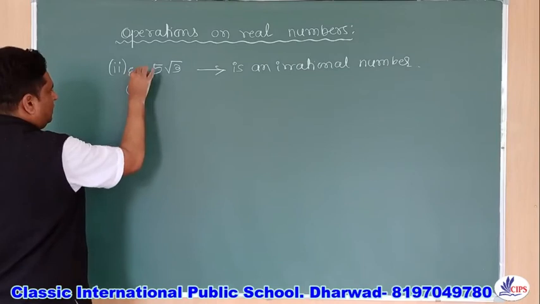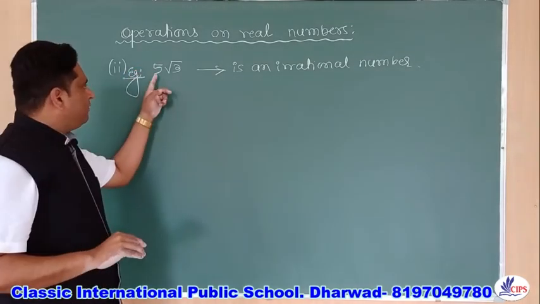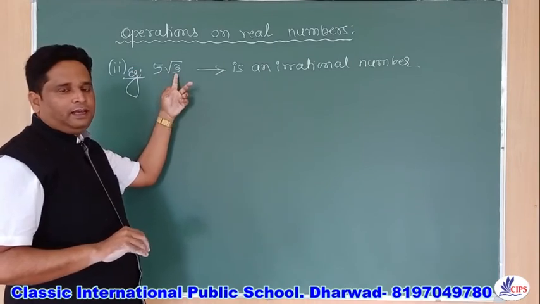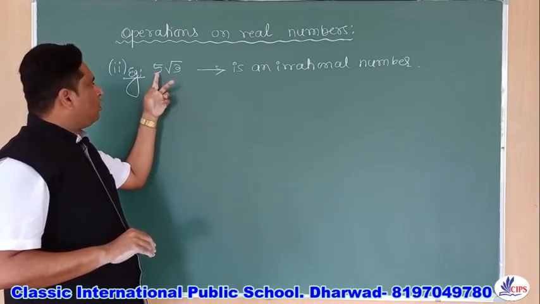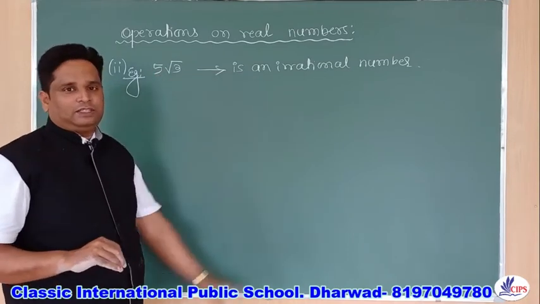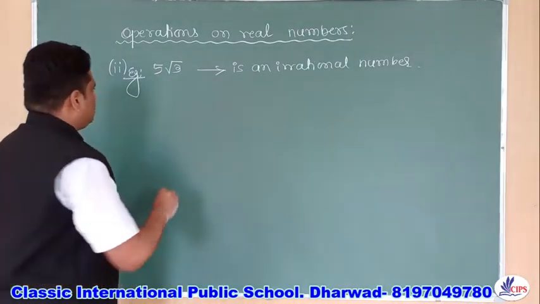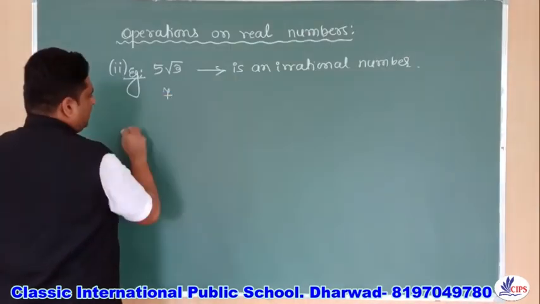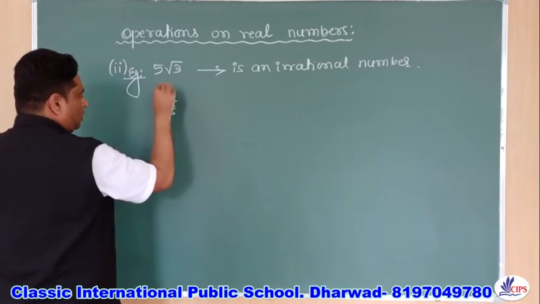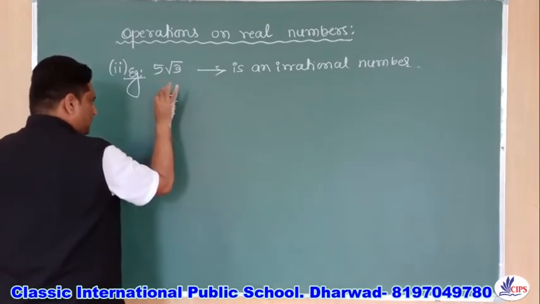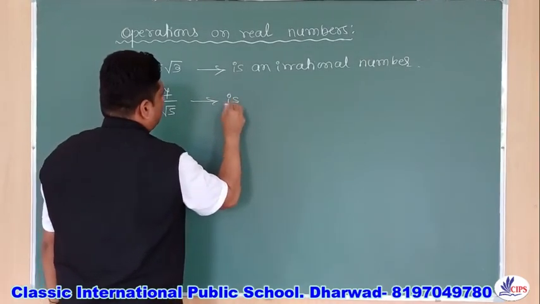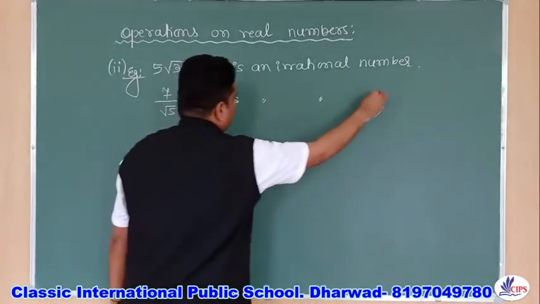This is also one of the facts related to operations on real numbers. 5 is a non-zero rational number, root 3 is an irrational number. The product of a rational number and an irrational number is an irrational number. Understood? Similarly, 7 is a rational number, root 5 is an irrational number. The quotient of a non-zero rational number and an irrational number is an irrational number.